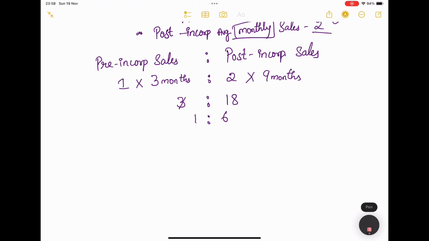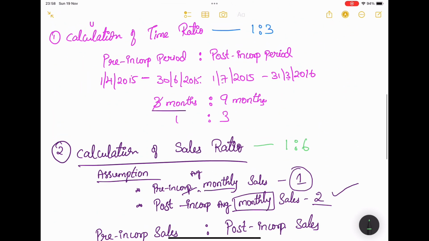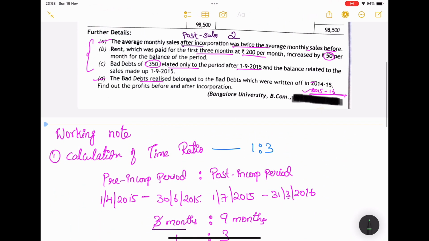I'll next move on to the third point, the second adjustment in the question. First adjustment, average monthly sales, I have completed. Next, point B: rent which was paid for the first 3 months at 200 per month, increased by 50 per month for the balance of the period.